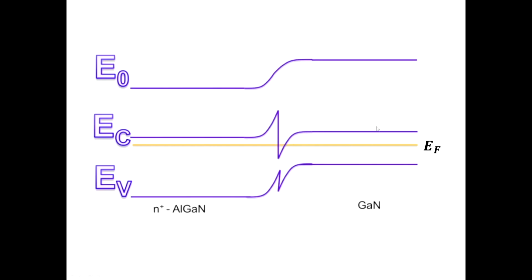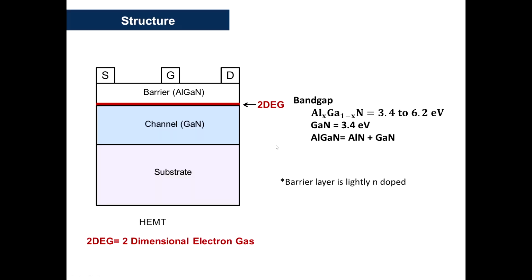It's high energy compared to this line. This trap, this small quantum well, has comparatively lower energy. So electrons fall in this trap and they get confined right in this place, which is the 2DEG that we have mentioned here.